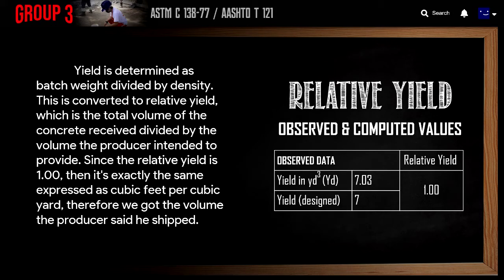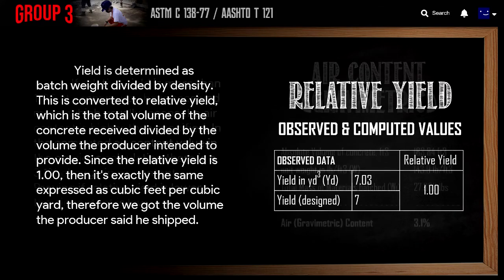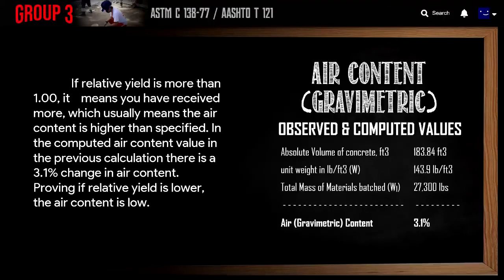If the relative yield is more than 1.00, it means you have received more, which usually means the air content is higher than specified. In the computed air content value in the previous calculation, there is a 3.1% change in air content, proving that if relative yield is lower, the air content is low.